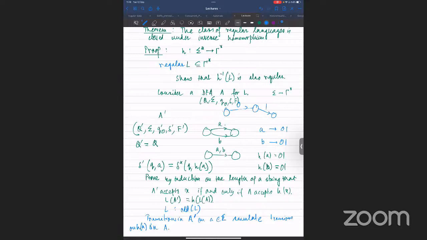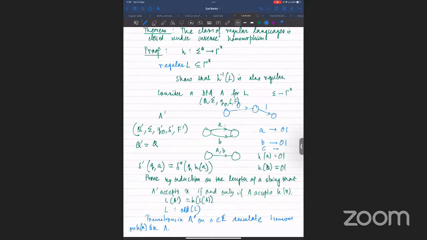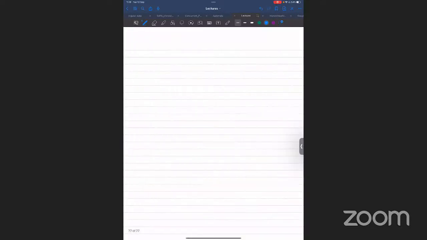It can also happen, for example, that there is a symbol C and C maps to epsilon. This can also happen, right? And then for every state, you would have a self loop on C. Clear? Right.